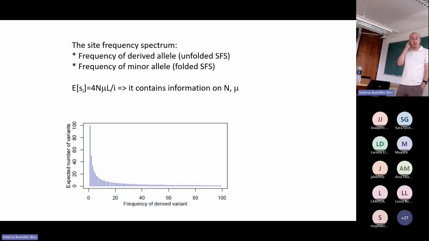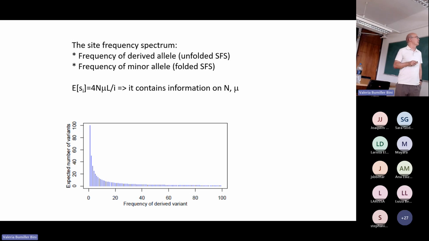And one of the results that we got yesterday with coalescent theory is that the expectation of the number of sites that have an absolute frequency i is 4 N mu, N should be of course Ne, times the length of the sequence, over the absolute frequency.